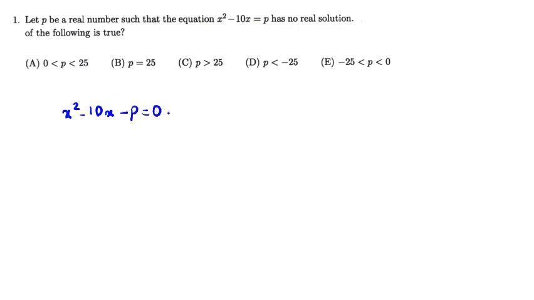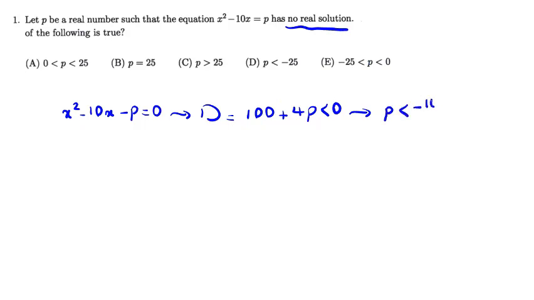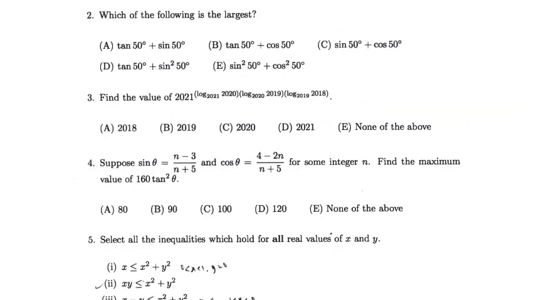The discriminant here is 100 minus 4ac, which is 100 plus 4p, and it should be strictly less than 0 because it has no real solution. So p is less than negative 100 over 4, which is negative 25. So the answer is D.